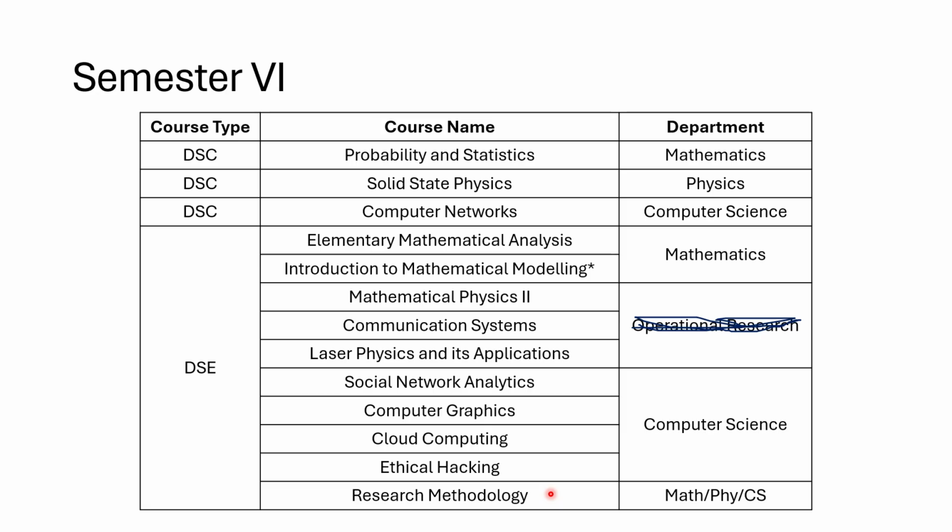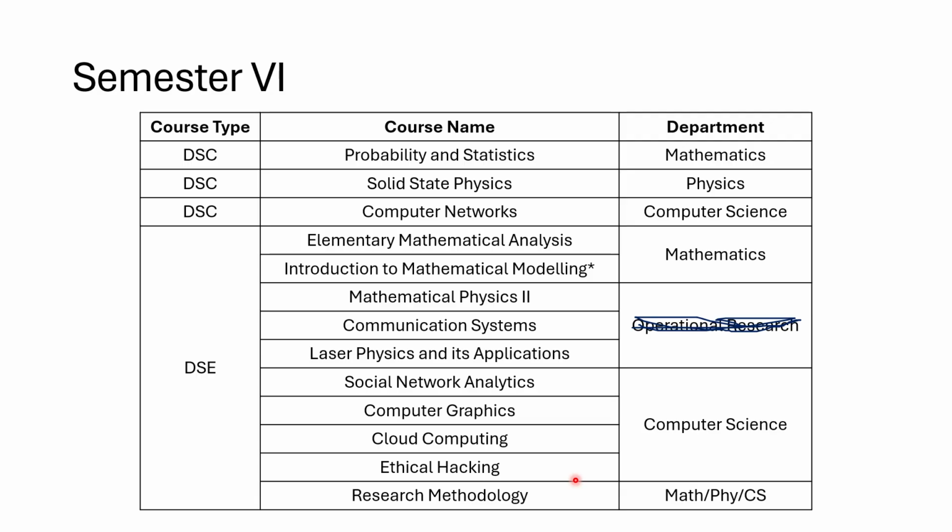Now, if it was an honors course, the colleges would compulsorily give it to you, this one, as a DSE in the semester 6 itself, either as an additional paper totaling your credits to 26 from 22, or they will say that no, you choose a DSE and you choose this one only. So that's the stuff they will do.